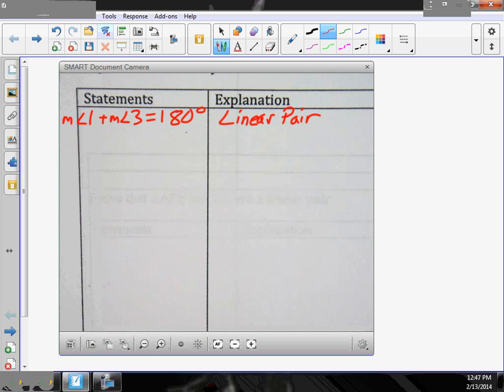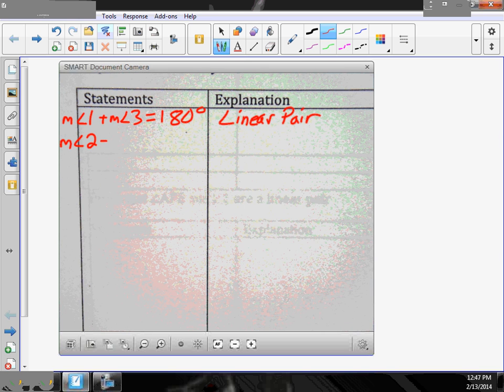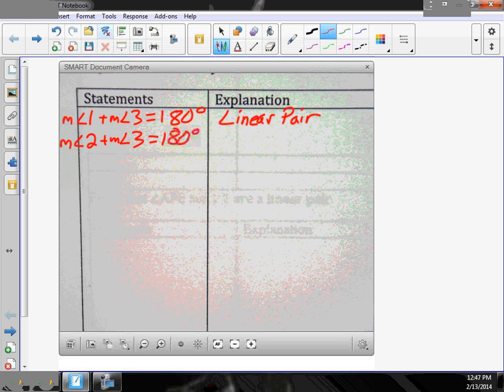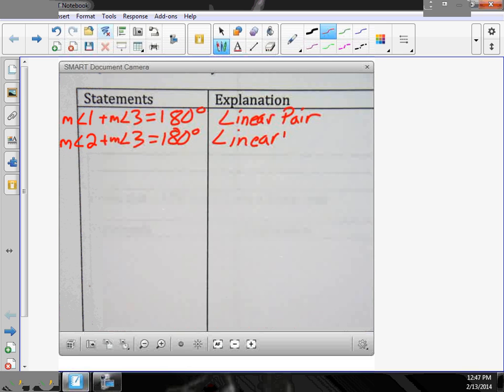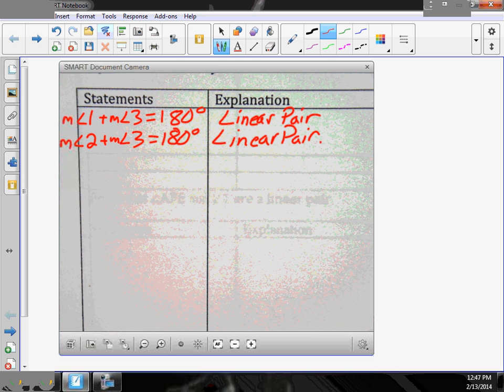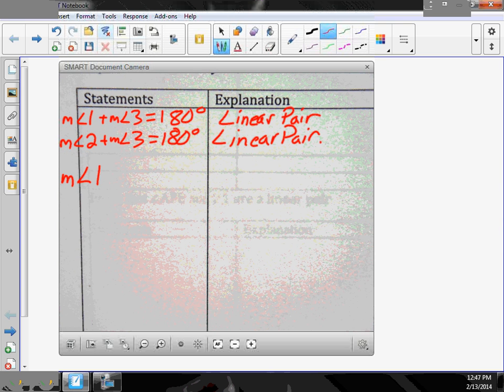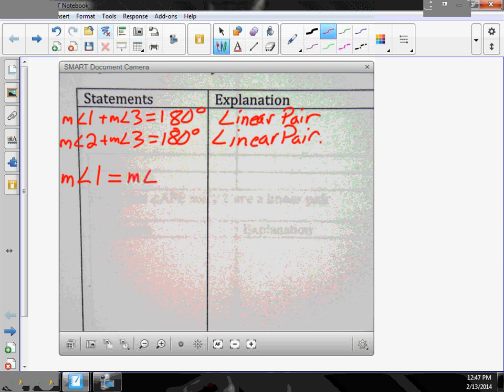We also know that the measure of angle 2 plus the measure of angle 3 equals 180 for the same reason. Okay? And I'm going to go ahead and jump straight to the measure of angle 1 equals the measure of angle 2.